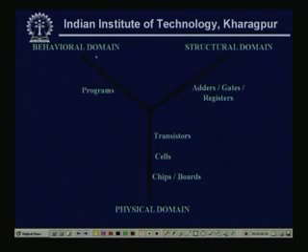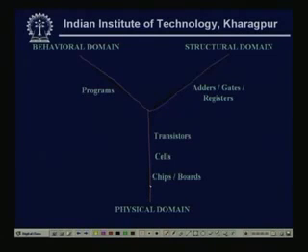To achieve the goal of getting the design implemented, one Y diagram is normally defined.